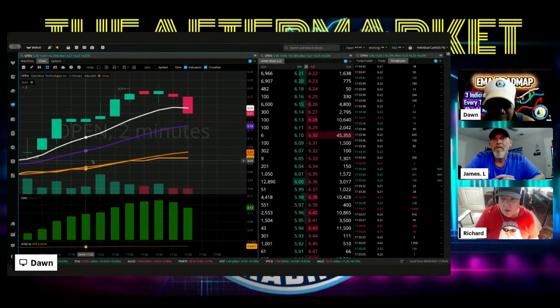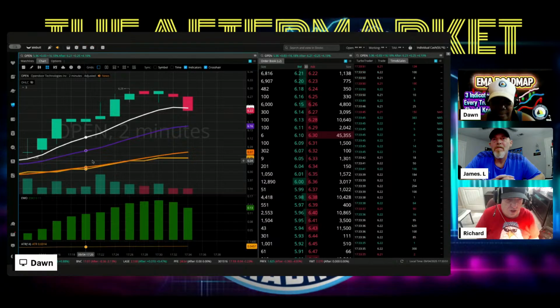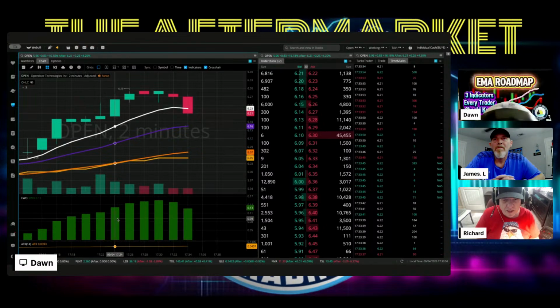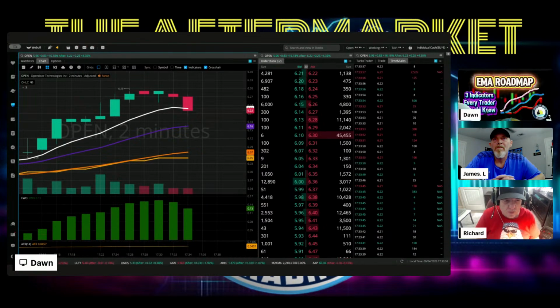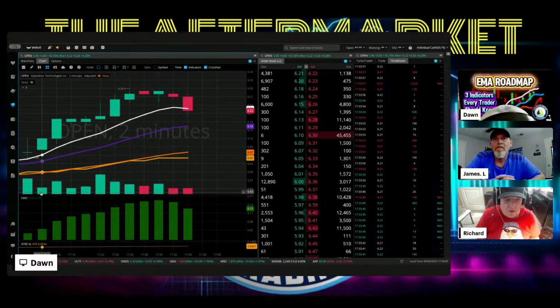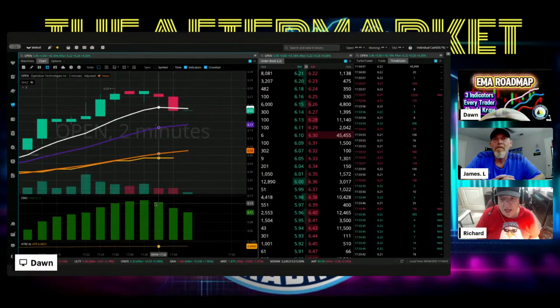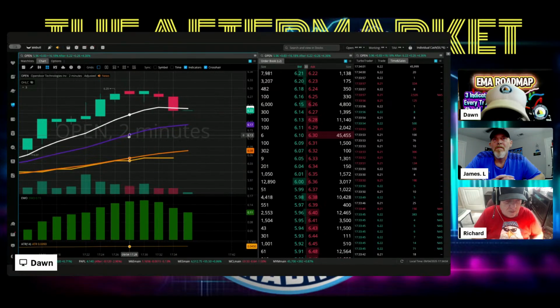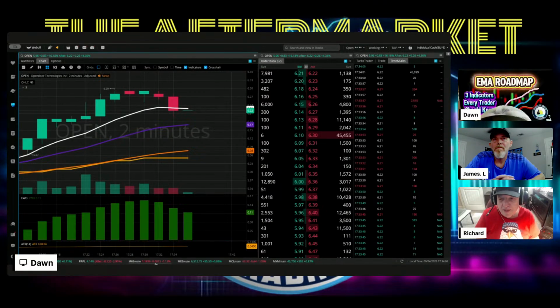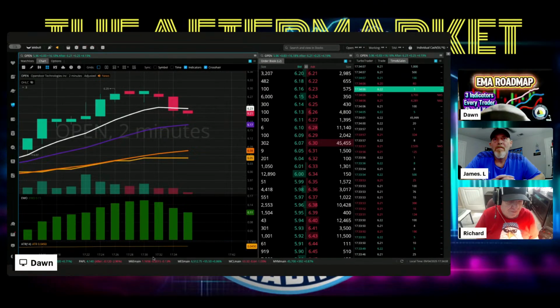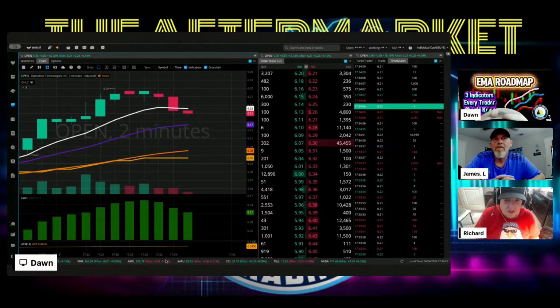Okay, the 21. So the 9 compared to the 21, remember, the 21 is 21 previous candles on whatever time chart you're having. So the 9 is a shorter time frame, which means that when the stock starts to move, it's going to appear in the 9 first. And then the 21 has much more data, so it's going to come in a little bit after, like twice the distance.